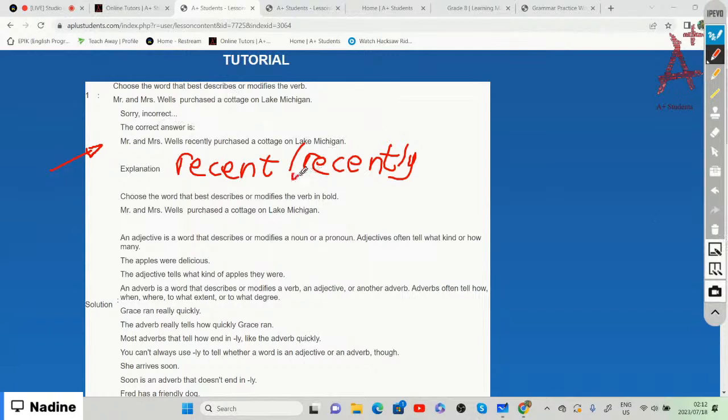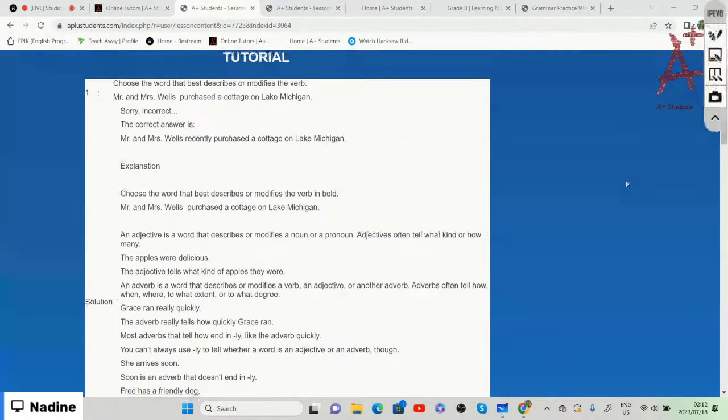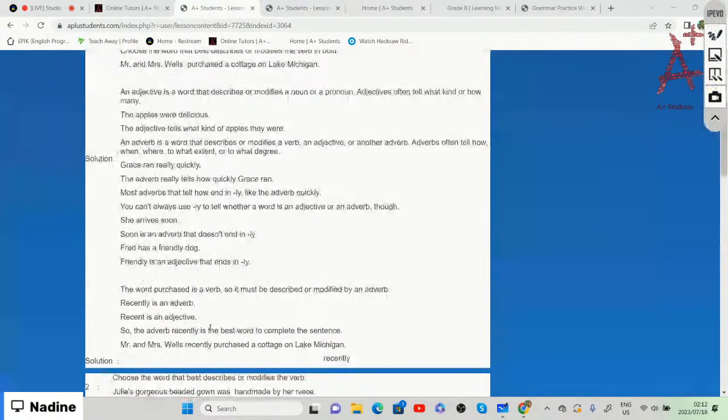So recently is our correct adverb. The word purchased is a verb, so it must be described or modified by an adverb. So recently is an adverb and recent is an adjective, like I mentioned earlier on.